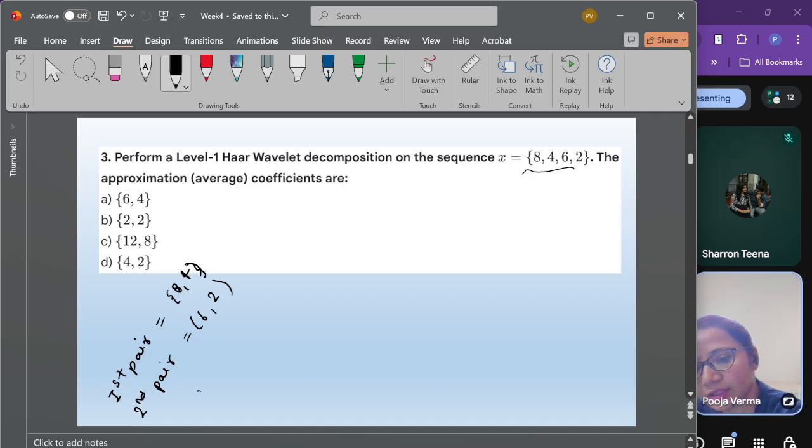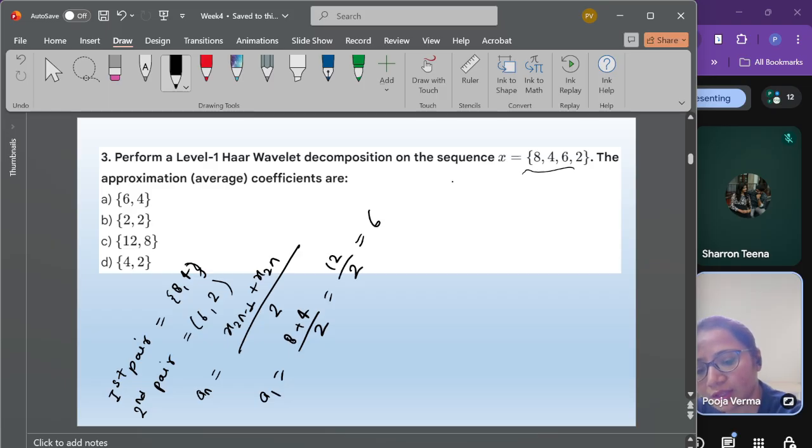Now, the approximation or average coefficient is calculated as the average: x of 2n minus 1 plus x of 2n, divided by the total number, so here 2. For the first pair, 8 plus 4 divided by 2, so 12 by 2, that is 6. Similarly for the second pair, a2: 6 plus 2 divided by 2, 8 by 2, that is 4.